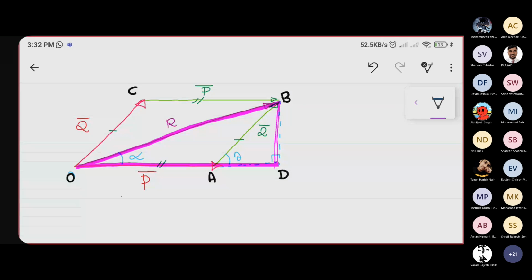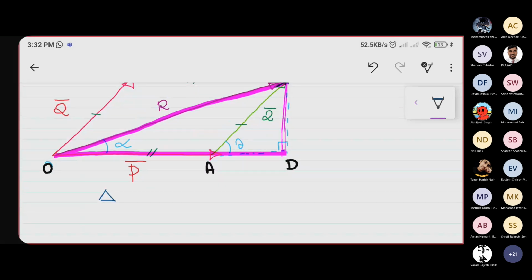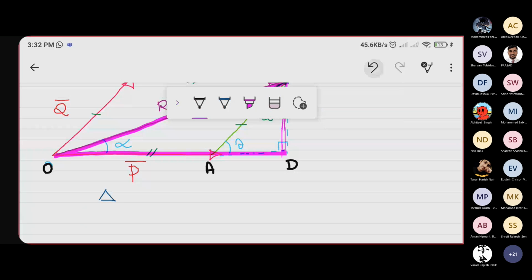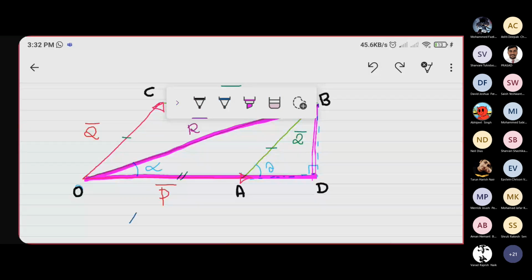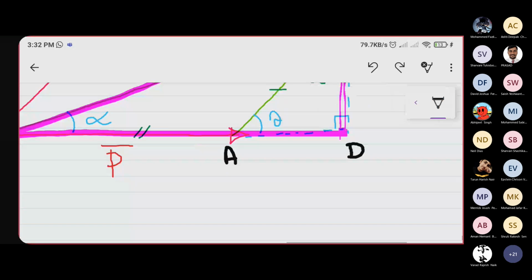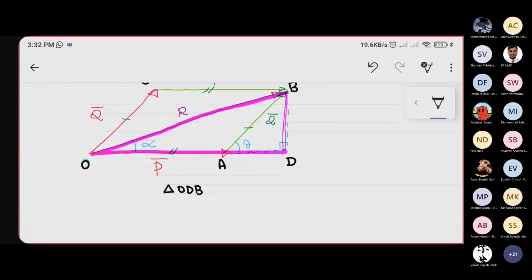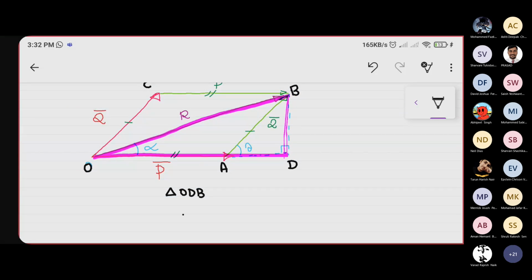So if we consider triangle ODB, we can write OB, that is the diagonal, square is equal to OD square plus DB square.